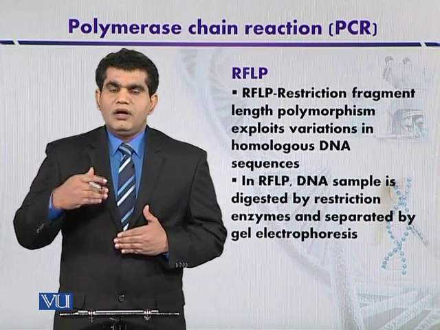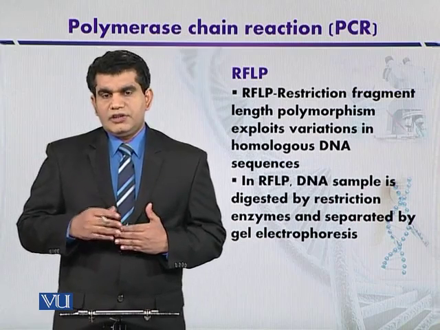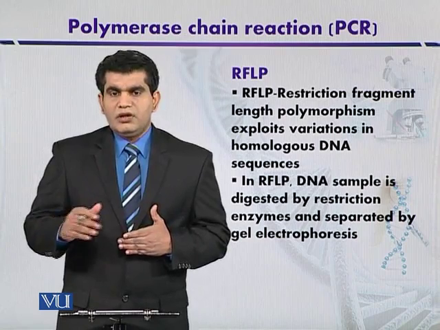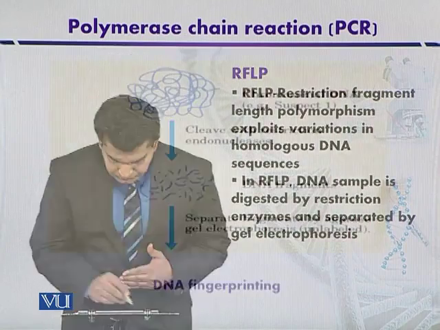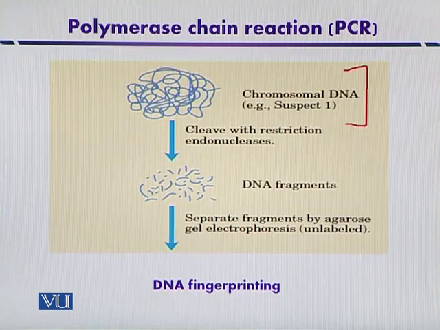Now, how can this technique be used in forensic sciences? Although we will discuss this application slightly later on, here I can introduce a brief outline. Suppose we have a suspect that may be linked with certain crimes or legal matters, and we have extracted the genomic DNA from the suspect.